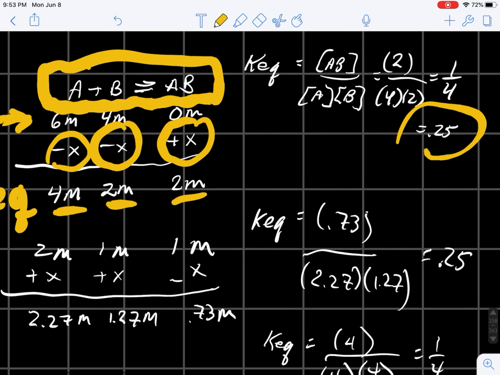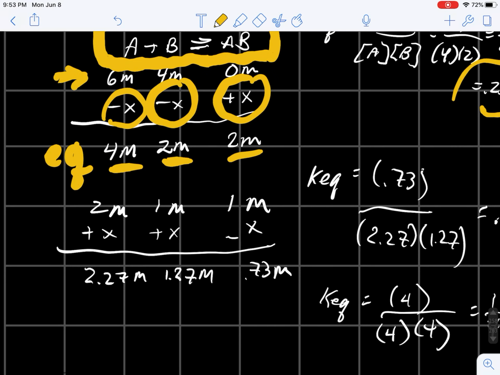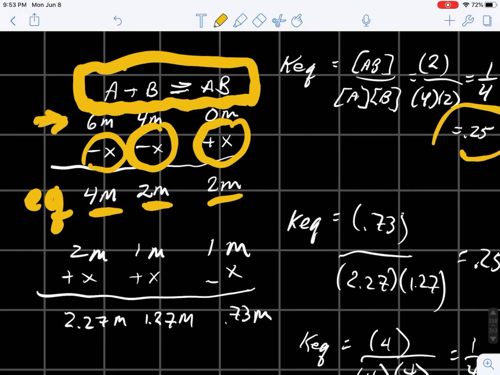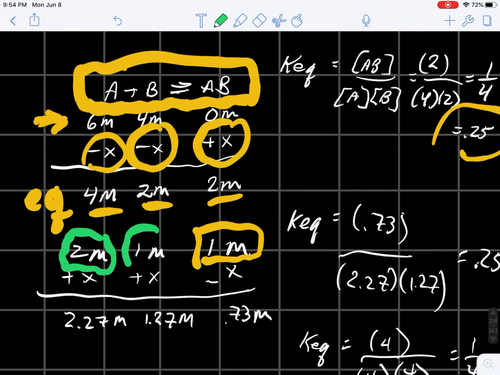For instance, suppose I run a second reaction, and instead of starting with none of my product, what I decided to do was, let's start with 1 molar for AB, and let's start with 2 molar for A, 1 molar for B. Now the change, notice I'm doing plus X for the change.